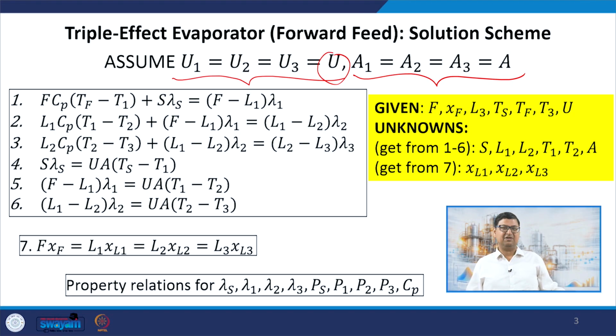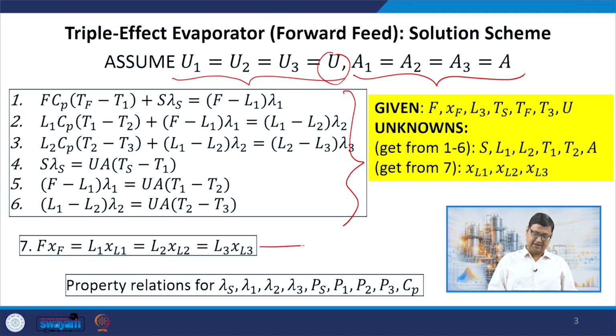And then what we also did is we eliminated the vapor mass flow rates using the overall mass balance, and we were left with basically 6 equations concerning the energy balance and the heat exchange equations.